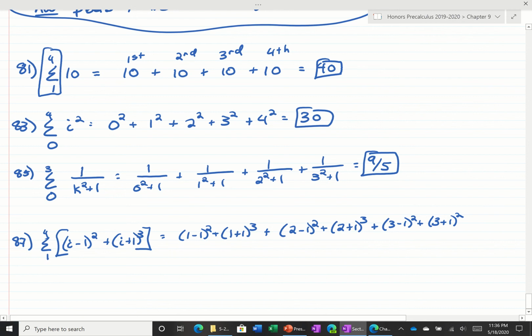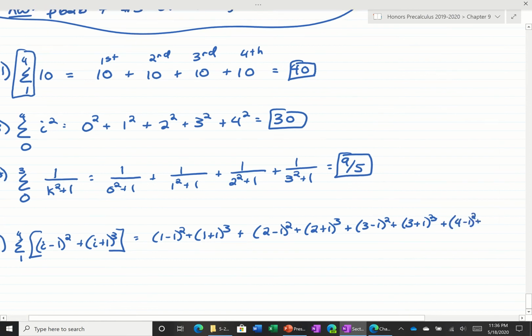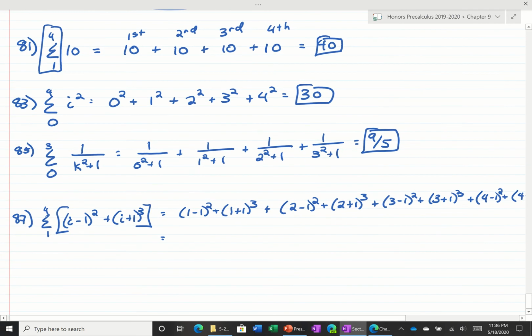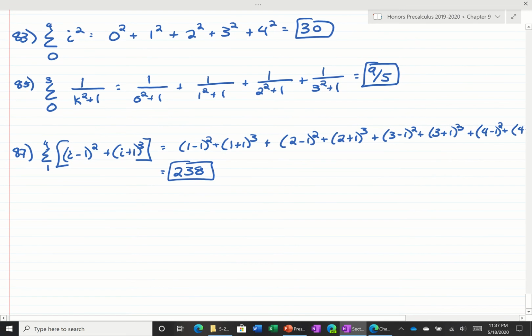Yeah, it's to the third. And then we're going to have 4. And if we do that for 87, that'll be 238. Just type that into your calculator, or you could just do each one individually.